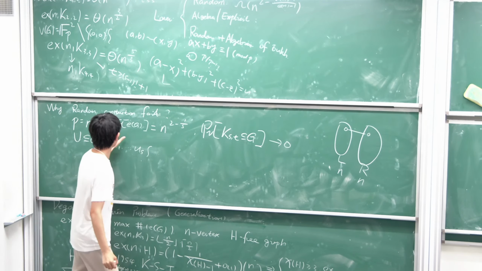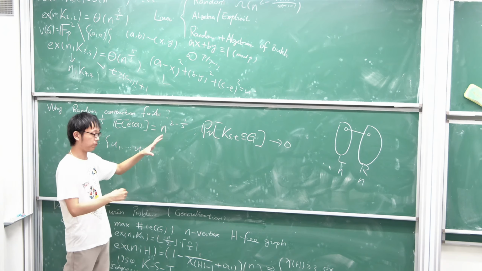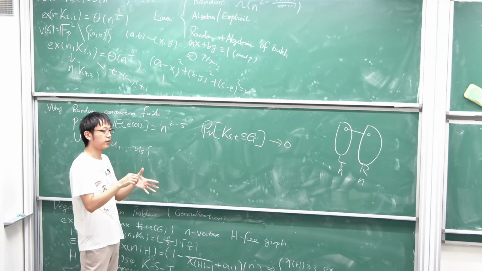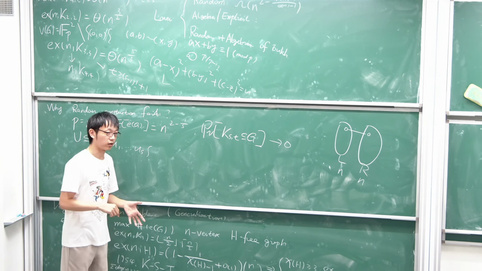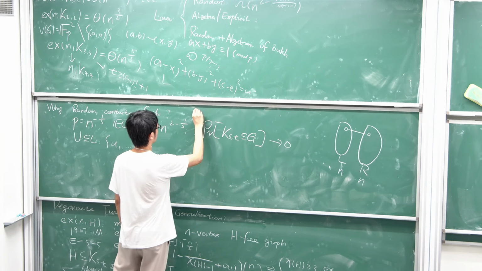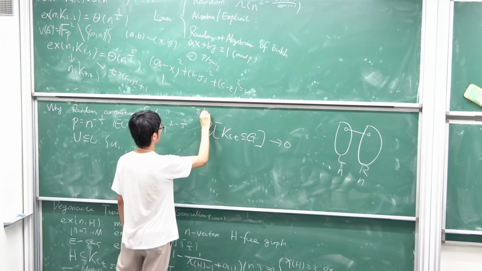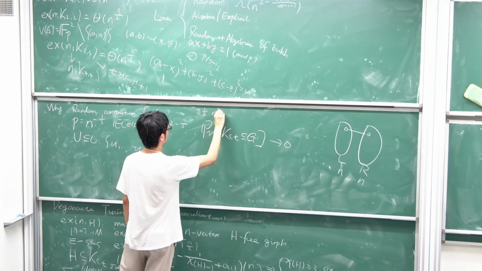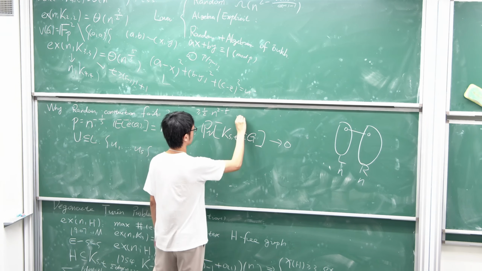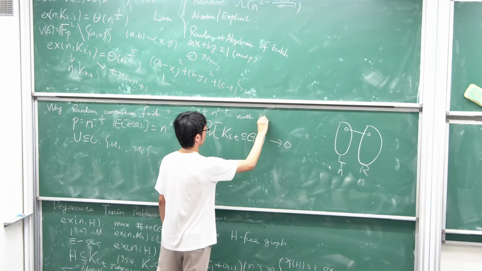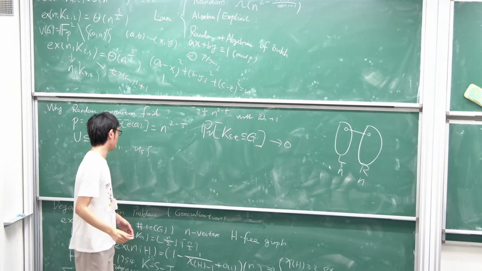Also, the number of edges in the random graph is binomially distributed, so the number of edges is, with probability tending to 1, very large.